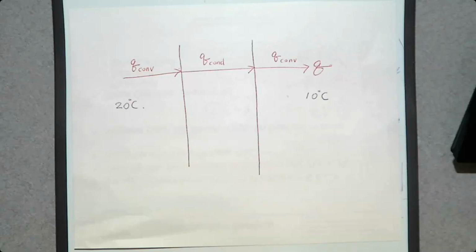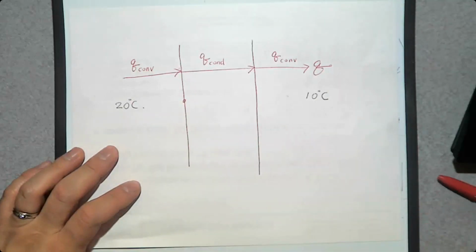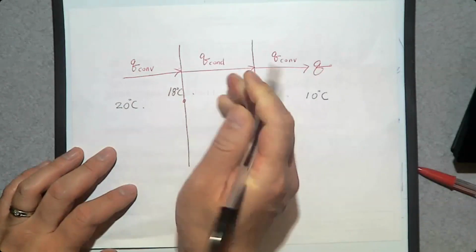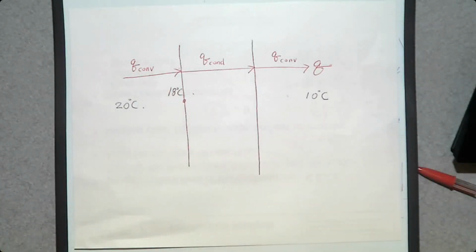And since there is a heat transfer, the temperature at this inner surface should be less than 20 degrees Celsius, right? So let's assume that the temperature at this point is 18 degrees Celsius.